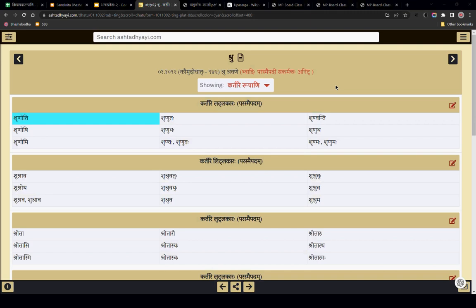Bhrata dronim kshalayati. Droni, what is droni? That container. Vessel.